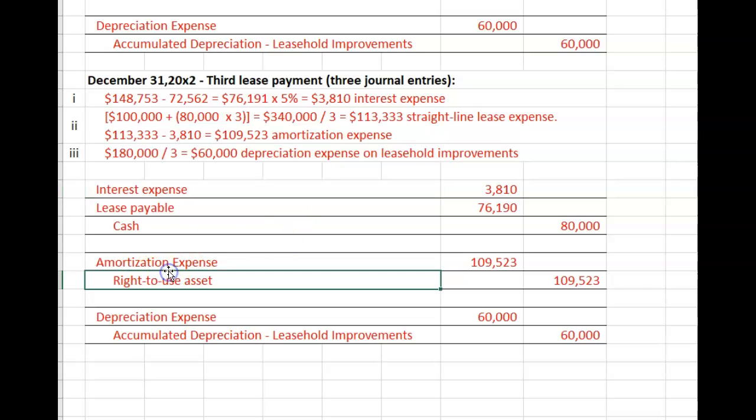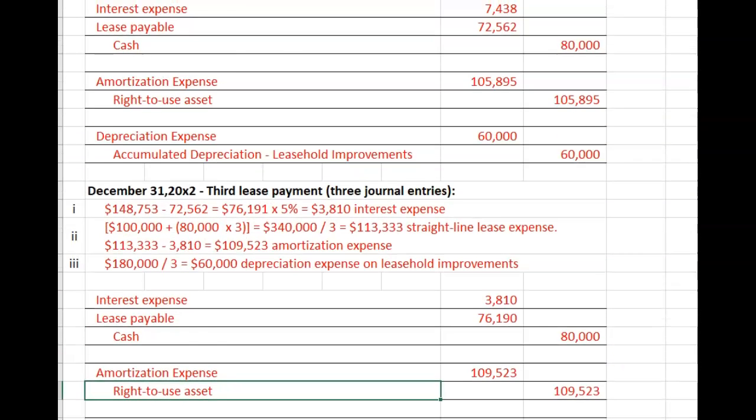Debit amortization expense, $109,523, and credit right-to-use asset, $109,523. And the 3rd and final year depreciation expense on the leasehold improvements: debit depreciation expense, $60,000, credit accumulated depreciation, leasehold improvements. That's a pretty good problem.